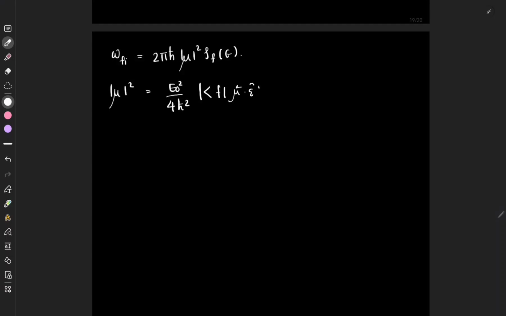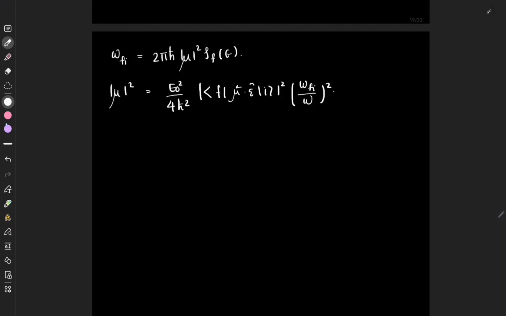I can define something called rate of absorption, omega fi. By definition, it is 2 pi by h cross, mod of mu square, rho f of E, and mod mu square is nothing but E naught square by 4 h cross square, transition moment integral, omega fi by omega the whole square.